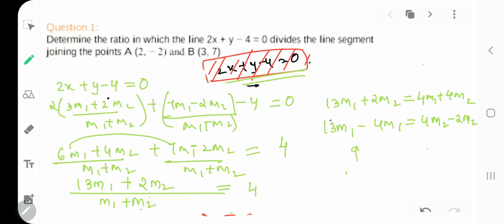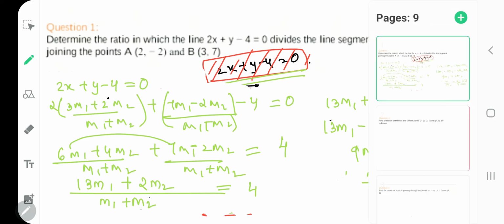So that will be 9m1 = 2m2. So, my dear kids, m1 upon m2 is equal to 2 upon 9. You can write it as 2 is to 9. Is that clear? I think your school people will go with some other method also. You can follow that, I don't mind. Okay, we'll jump on to the next.